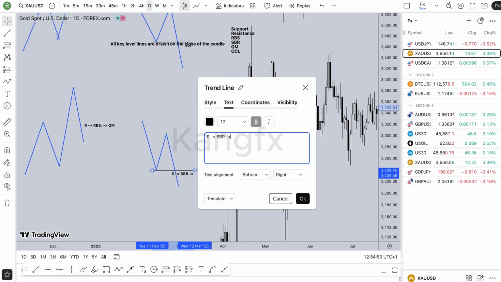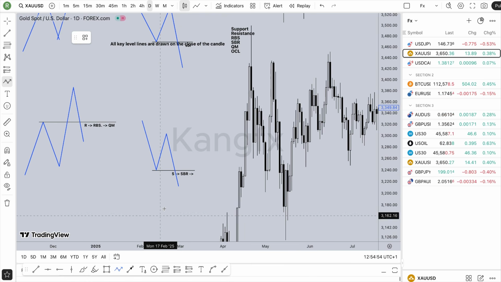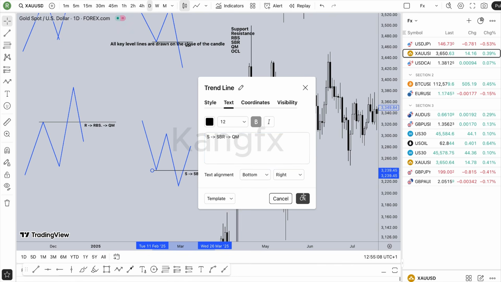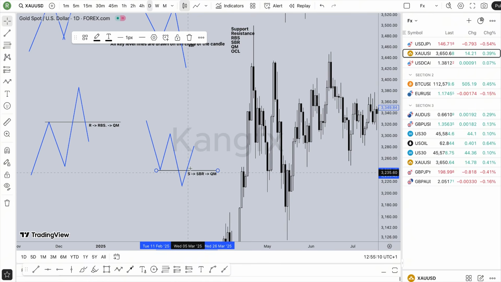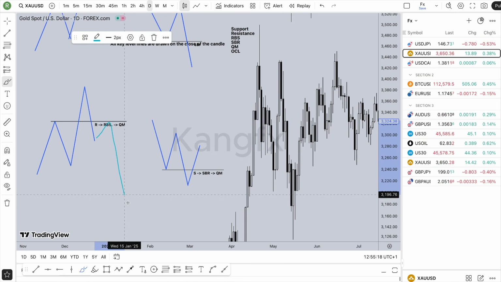Then from SBR, what do we expect? If the market comes back and breaks through it again, it becomes a QM. Now the market broke through it again, it became a QM. So now that this area is a QM, what does a QM do? The market comes back, taps here, it will go down. Or the market comes here, taps here, it will go up.